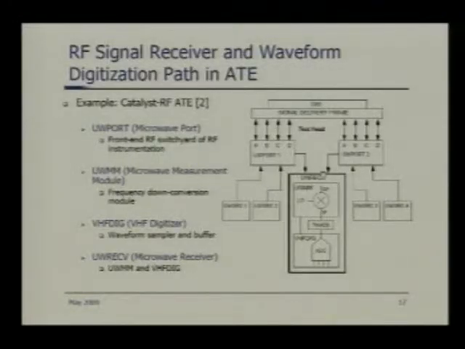But in the case of ATE, there is a fine level of programmability, using which you can do various kinds of data analysis on the RF signal. So this is essentially the RF signal receiver path in the ATE.